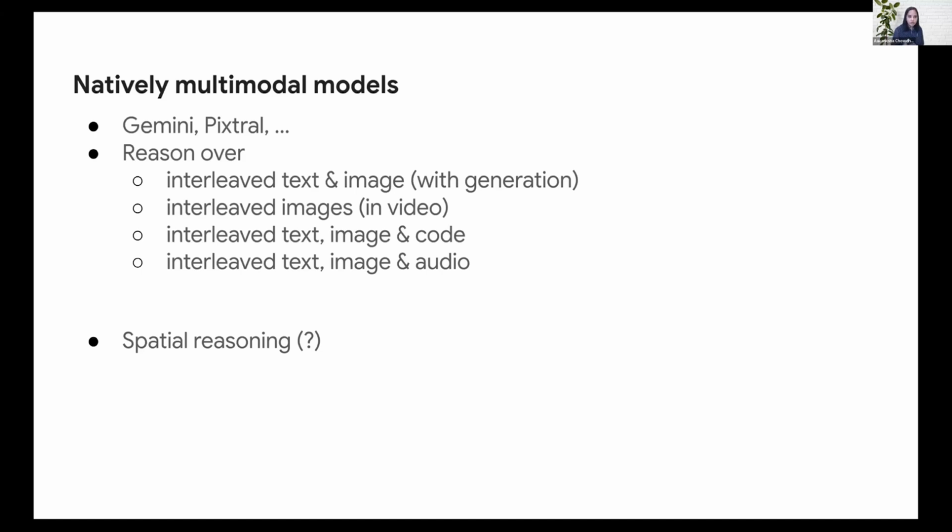What it means to be natively multimodal is that the models can reason seamlessly over sequences of text and image that are interleaved, often with the capability to also generate images. They can reason over interleaved images and video. They can reason over interleaved text, image, and code, and they can even add audio to the mix.